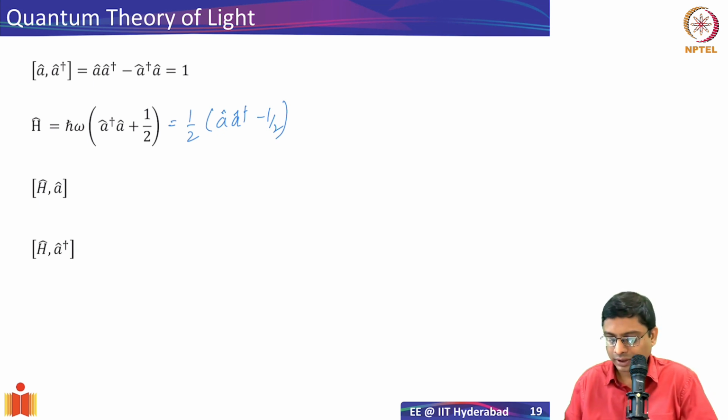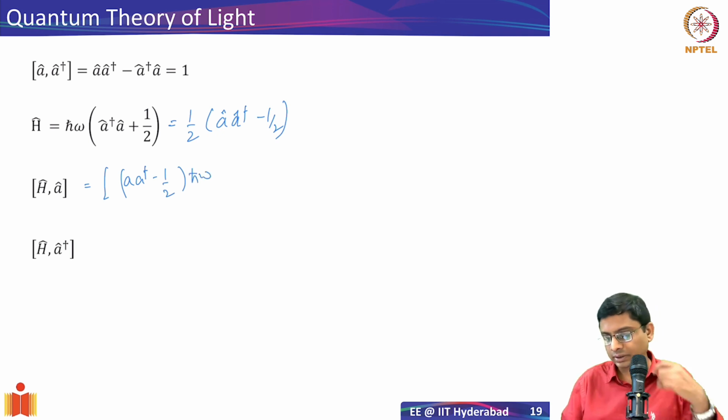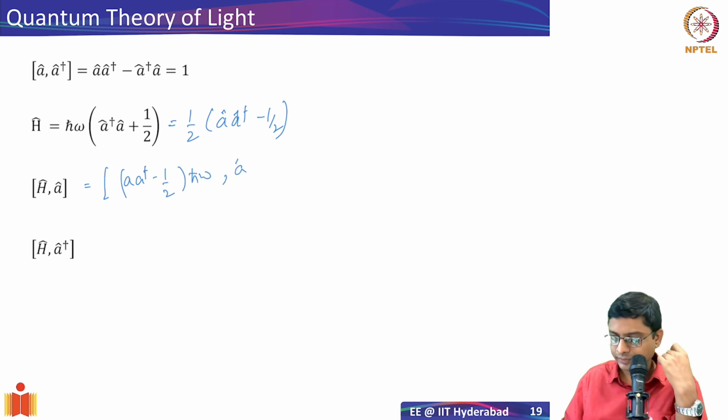H and a, if I want to find out, I'll say H is going to be a dagger a plus half into h cross omega, right, comma a, isn't it?